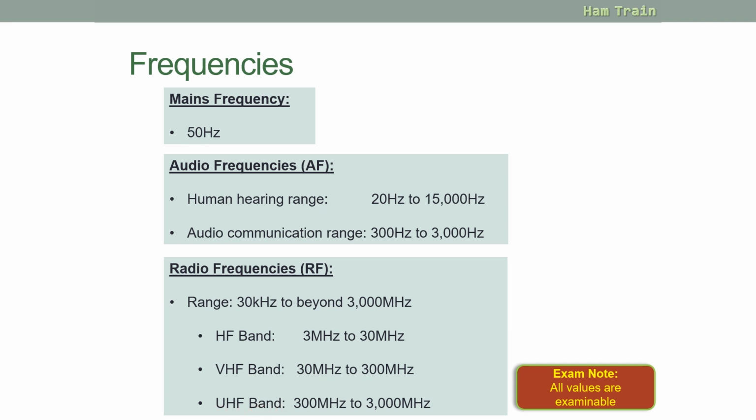The HF band is 3 megahertz to 30 megahertz. VHF, 30 to 300, and UHF, 300 to 3000 megahertz. Don't worry too much about these numbers at the moment. We will come back to them, especially the radio frequency numbers, but these are all numbers that you'll need to learn for your Foundation exam.